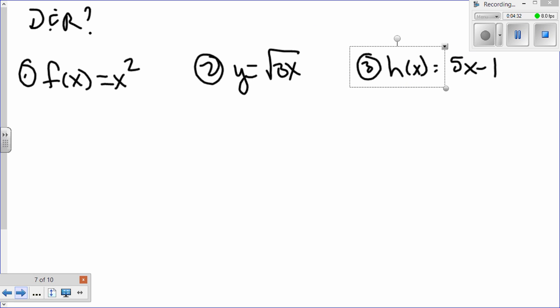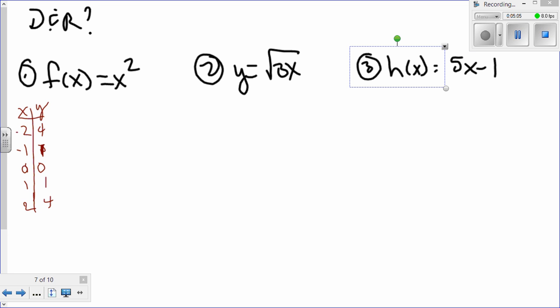Next problem. Find the domain and range of each of these. Well, my first one is f of x equals x squared. That is a quadratic, which is a parabola. If I type into the calculator and find where my vertex is, my values are -2, 4; -1, 1; 0, 0; 1, 1; 2, 4.